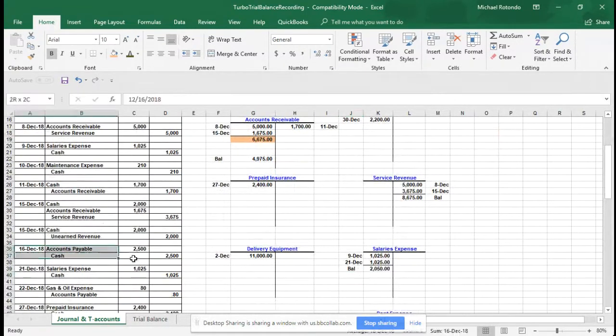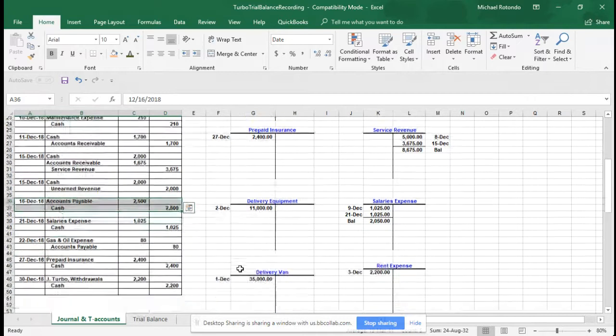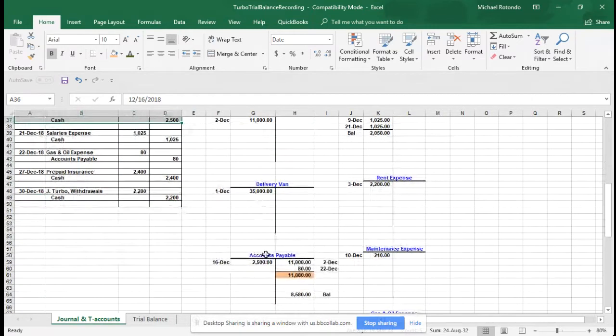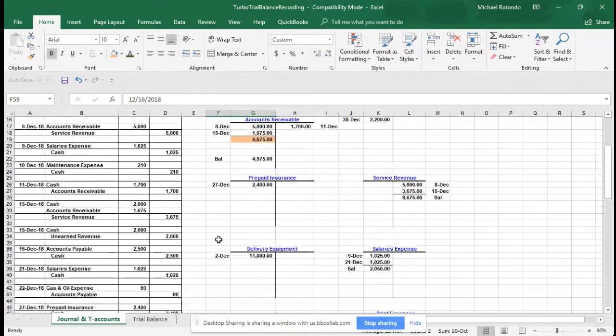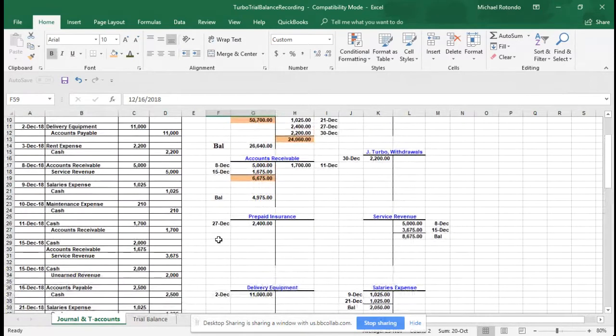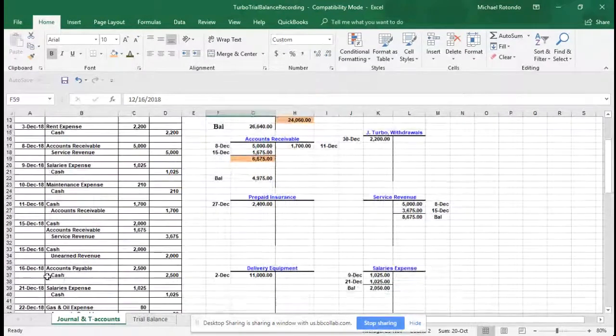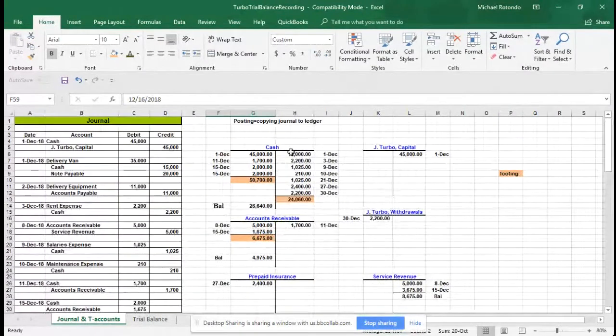Okay, we have on the 16th, we have a debit to accounts payable and a credit to cash. So let's check our posting and see if we made a mistake somewhere. So there's the debit to accounts payable. So maybe we didn't post the cash amount. Okay, so let's go up and see. Did we make our posting on the 16th? No, I don't see it.